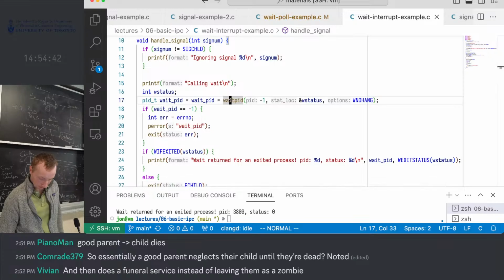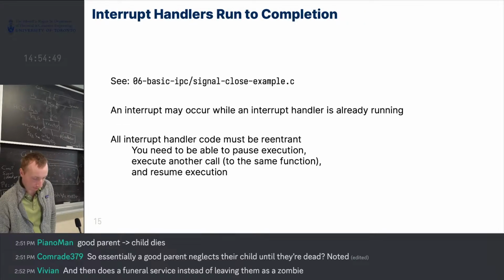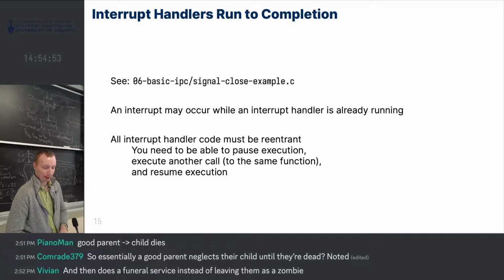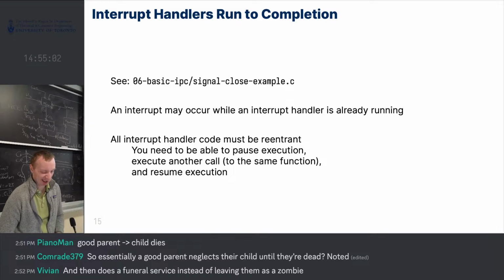Okay. So we saw the interrupt version, the polling. And so now we have to talk about interrupt handlers, and they run to completion, and you can generate multiple of them, and they're not great.